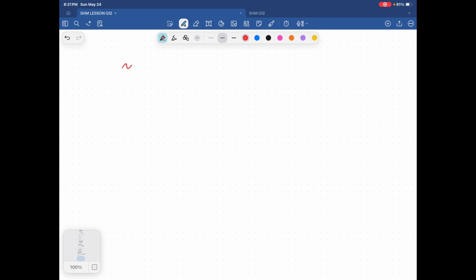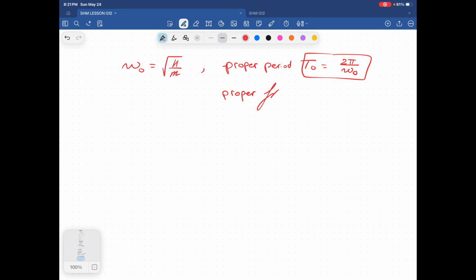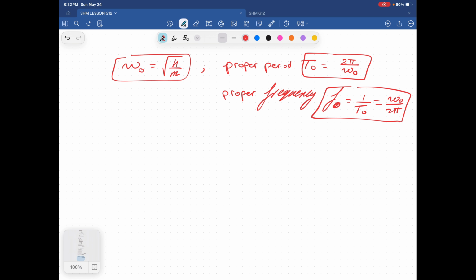And those are going back to the angular frequency W0, which we stated is equal to radical K over M. However, it is important to know that we also have a quantity called the proper period T0, which is equal to 2 pi over W0, and the quantity called the proper frequency, which is F0, of course, is 1 over T0, and so it is W0 over 2 pi. So now, let's put all of them together.